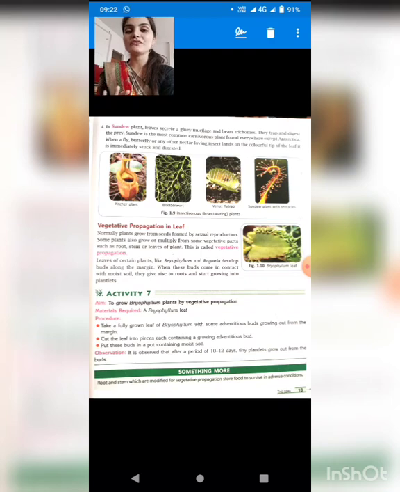For example, leaves, stem and roots. Here we are talking about leaves. When a leaf propagates a new plant from its margin or from itself, then that propagation is known as vegetative propagation.